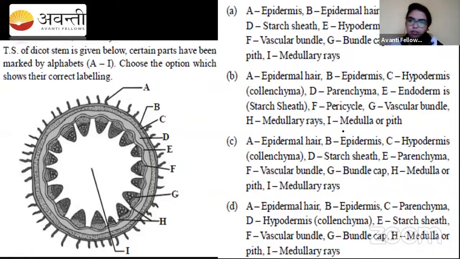Darshan, I think you need to look at the options once again, beta. Okay, look at the options once again. This is a dicot stem. Okay, this is a dicot stem.